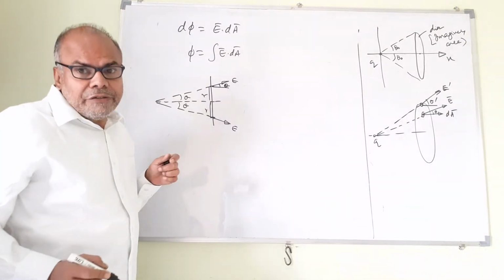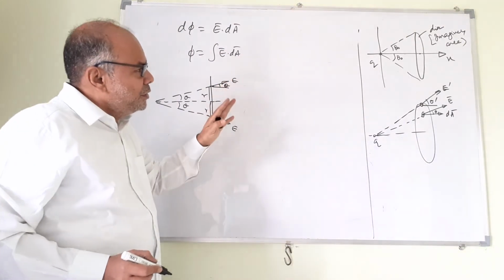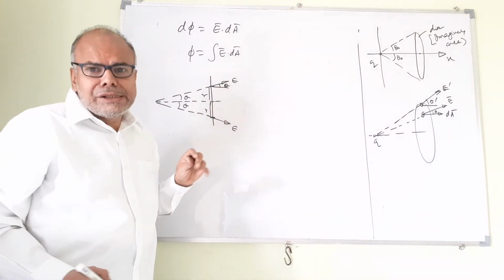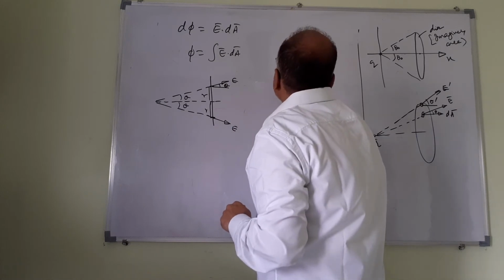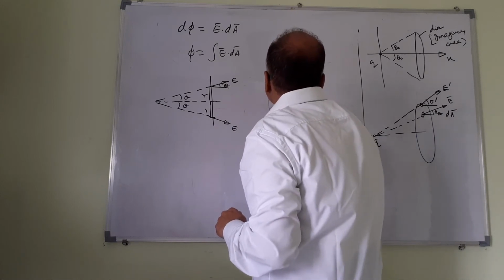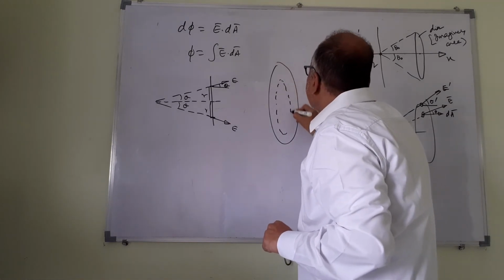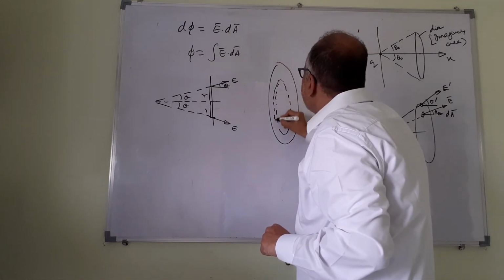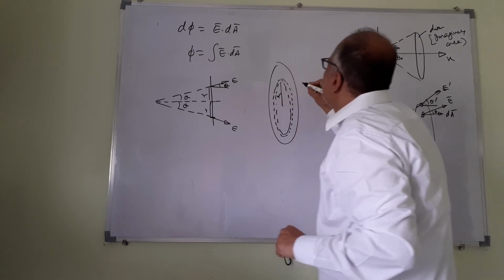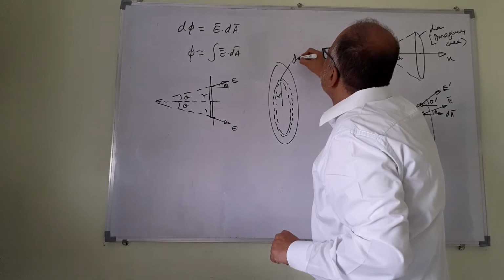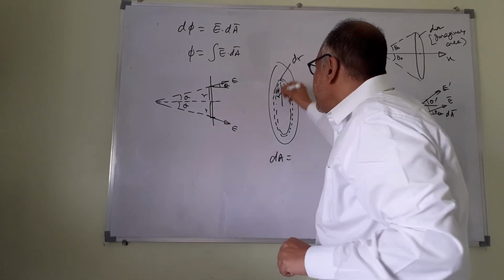So therefore we will divide this imaginary disk into rings of thickness dr. So the area vector dA would be the area of this ring.